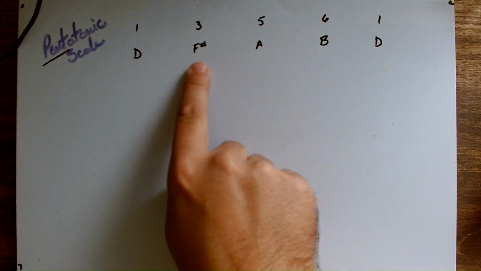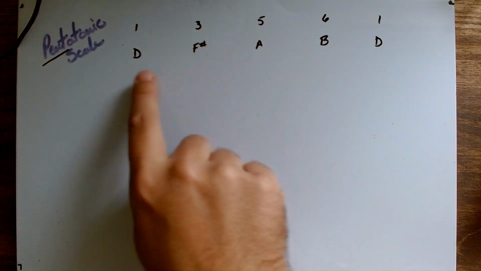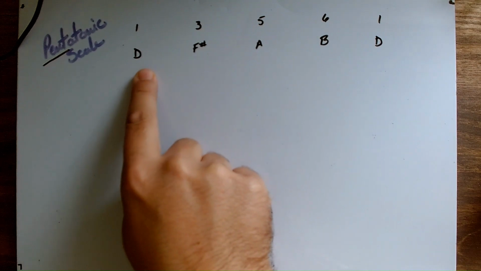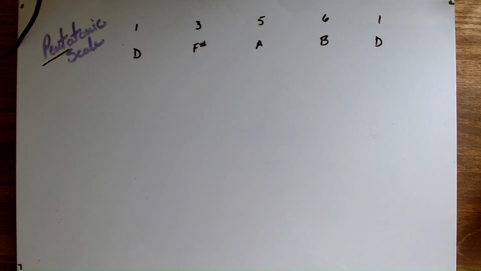Amazing. It's that F sharp right there, okay? Amazing Grace. A, we'll cycle it down here. A, B, D, F sharp, D, F sharp. A, B, D, F sharp, D, F sharp.